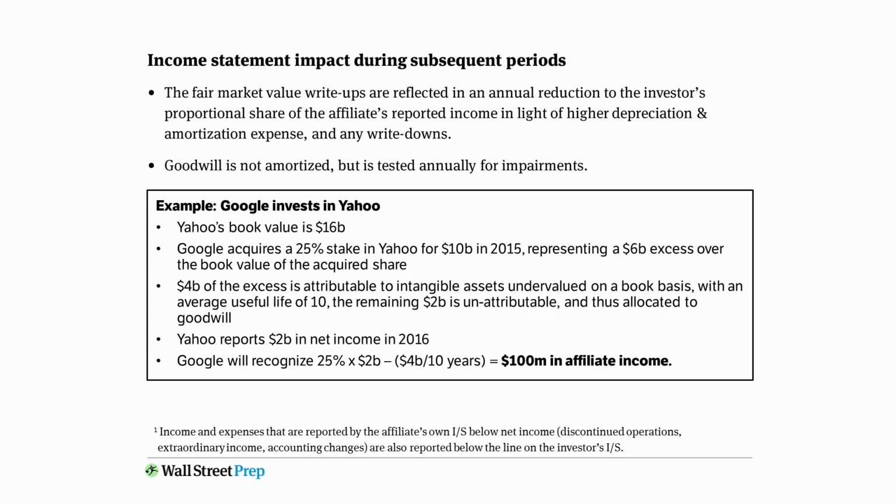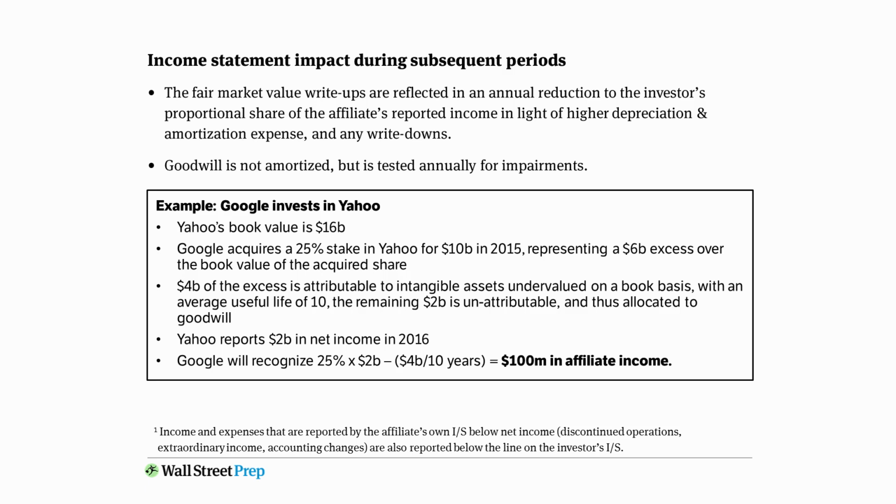What Google will recognize during the initial investment is the $10 billion purchase price. Cash will go down by $10 billion, and an investment asset will go up by $10 billion.